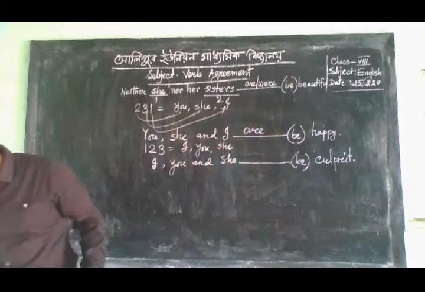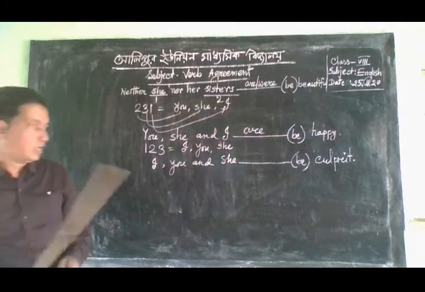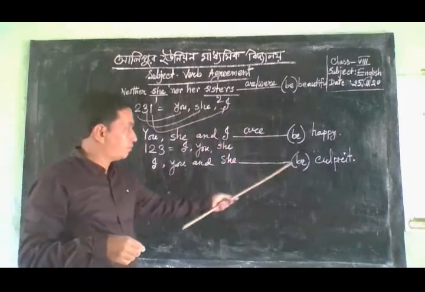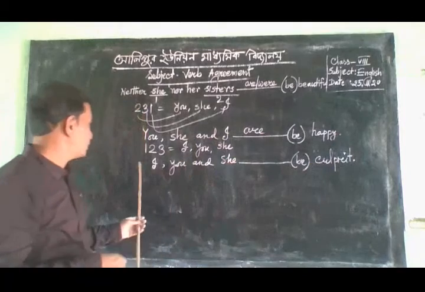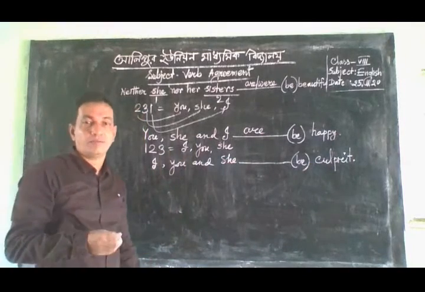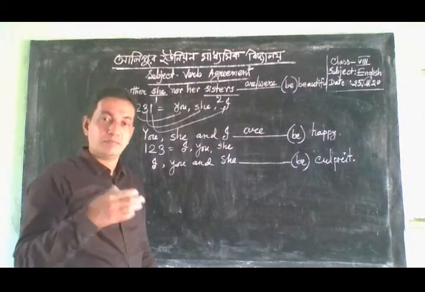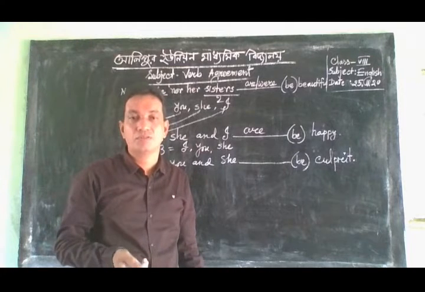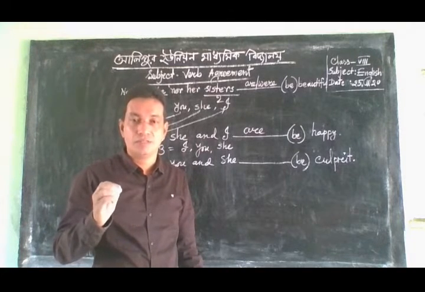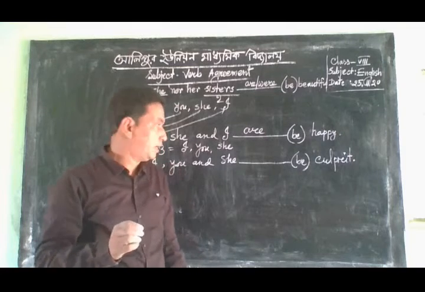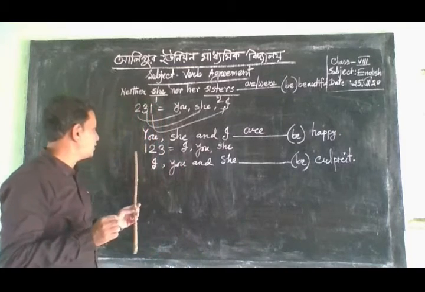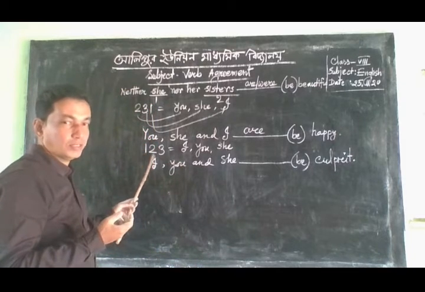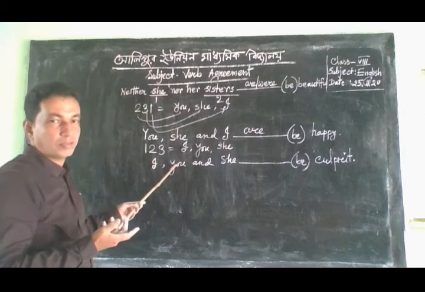Dear learners, look at the blackboard. I have written I, you, and he be culprits because I, you, and he are guilty for anything. We have made mistakes, and for those we are responsible and liable. That's why we write the three persons in this way: first, then second, and last third.